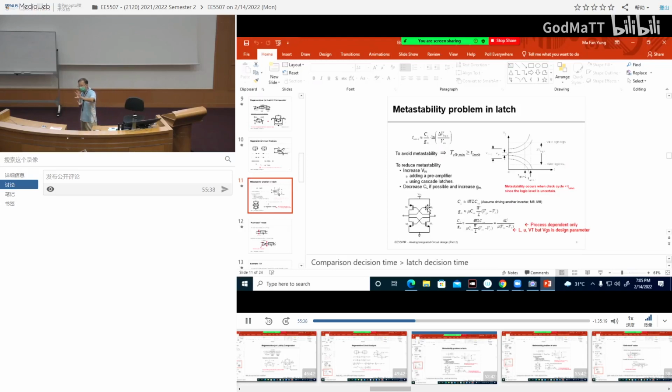So now I have 2 positive feedbacks hooked together, which means it should be faster. If you do some first order analysis, you find that CL over gm is equal to 4L squared divided by mu times the overdrive.